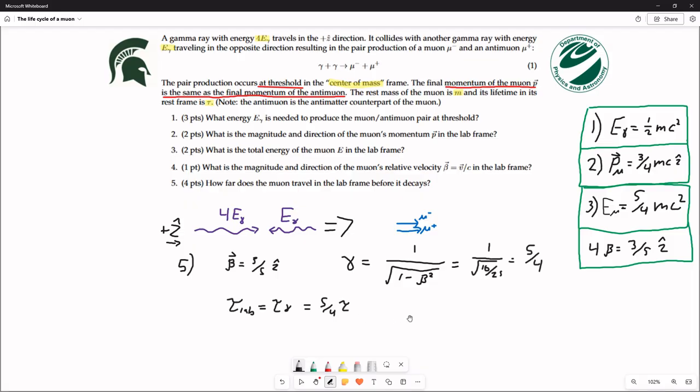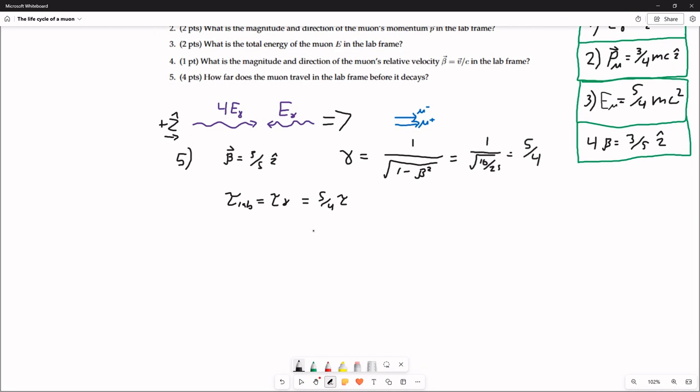Awesome. That isn't quite what the question was asking for, though. We actually need the distance, so x lab, which is just going to be the velocity in the lab frame times the time in the lab frame. Where, using the sneaky fact that we have beta, which is v over c, so beta times c gives us our velocity.